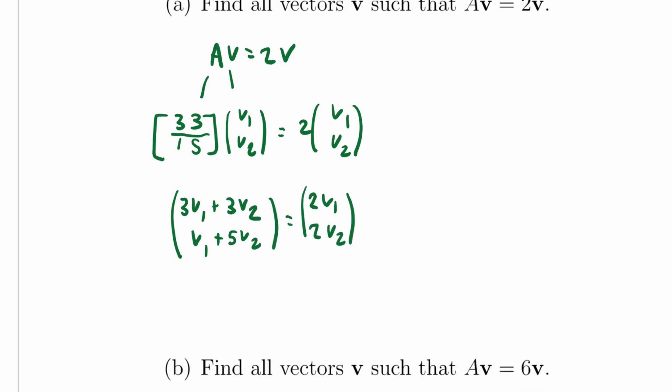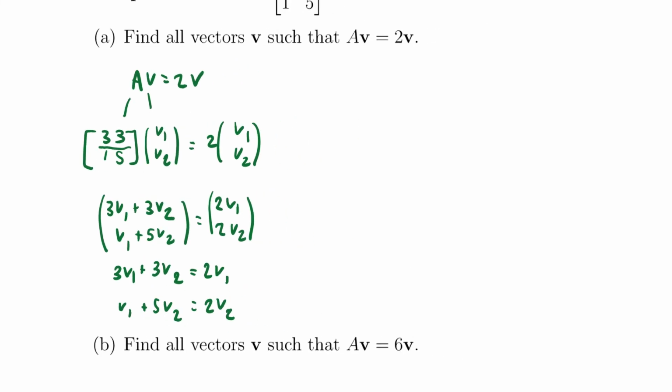So, for these two vectors to be equal, that means the first coordinate has to be equal and the second coordinate has to be equal. So that means 3v1 plus 3v2 equals 2v1, and v1 plus 5v2 equals 2v2. Let me move things around. The first equation, I subtract 2v1 from both sides, and I get v1 plus 3v2 equal to 0.